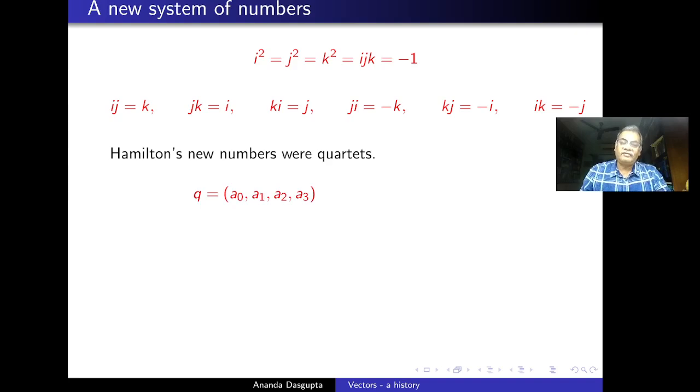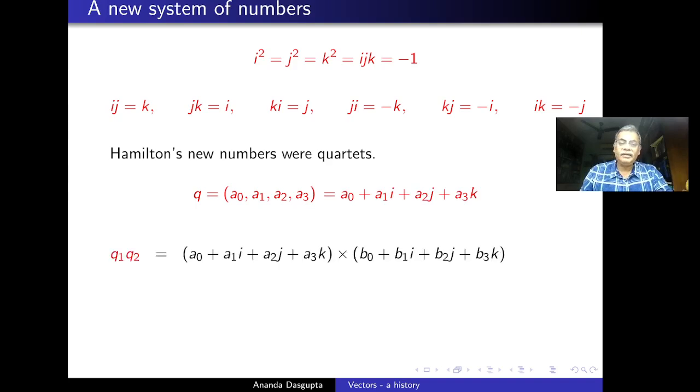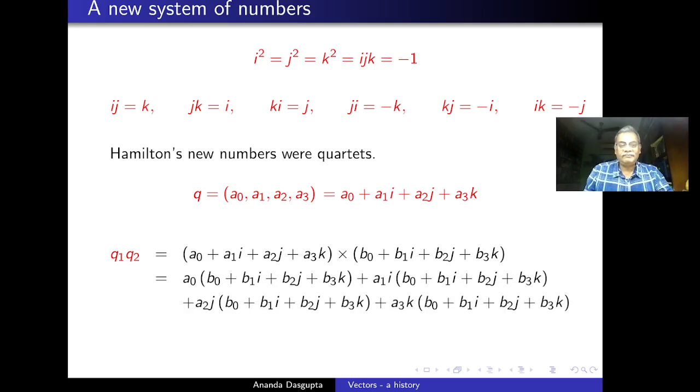So a typical quartet would be (A0, A1, A2, A3), which is the same as A0 plus A1 i plus A2 j plus A3 k. And if you multiply two such quartets, say (A0, A1, A2, A3) with (B0, B1, B2, B3), all Hamilton had to do was to assume that the multiplication obeys standard properties, the same kind of properties that you would expect from ordinary numbers, except for commutativity, that is.